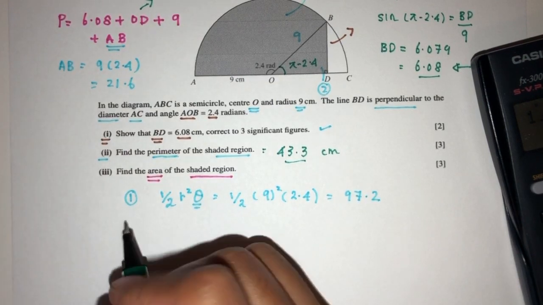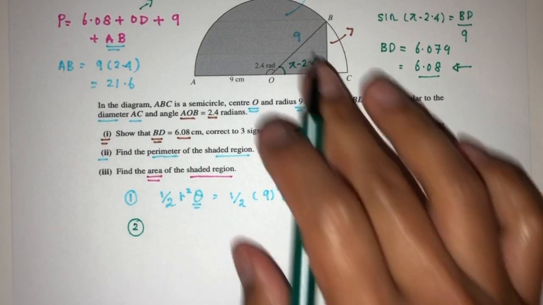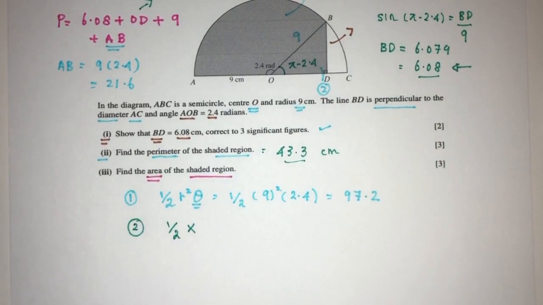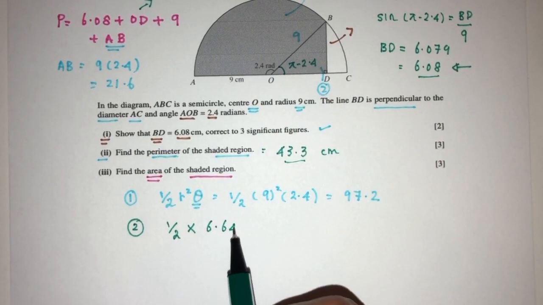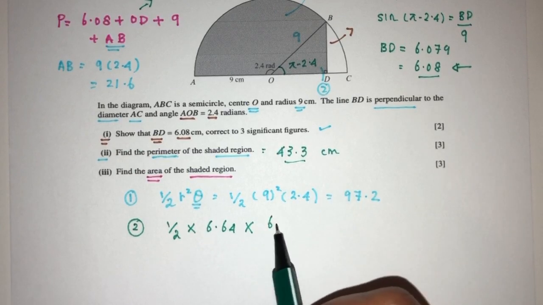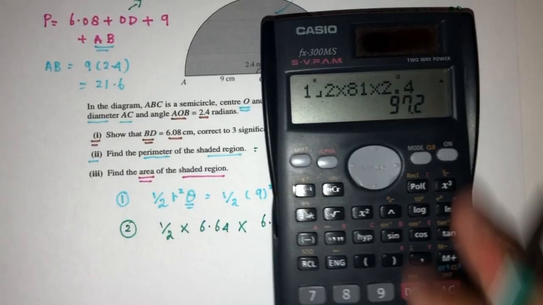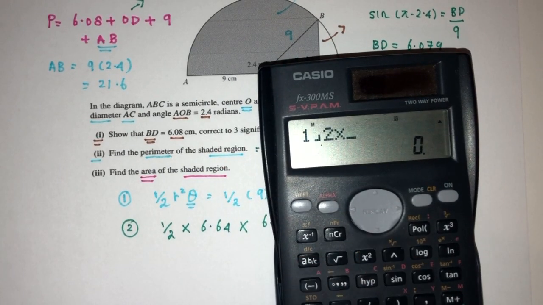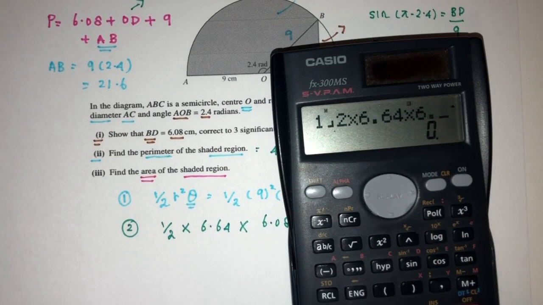Now for part 2, we have to find the area of the triangle. It's a right angle triangle, that will be half times base. OD is given by 6.64, and times height. Height is 6.08. Again, the reason why we can do this is because it is a right angle triangle. Half times base times the perpendicular height.